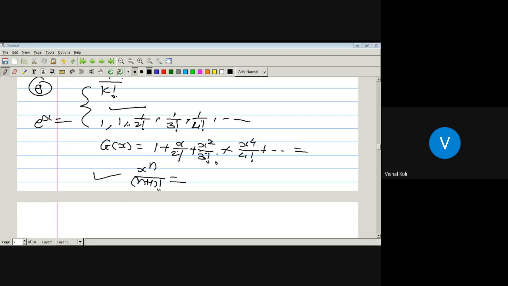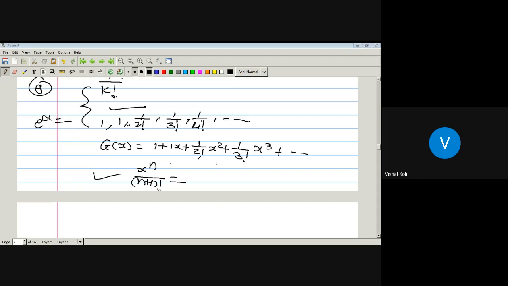Okay, but this one is not a generating function corresponding to our kth general term 1 upon k factorial. It is nothing but 1 comma 1 divided by 2 factorial comma 1 upon 3 factorial and so on. So it is nothing but 1 plus 1 into x plus 1 upon 2 factorial into x square plus 1 upon 3 factorial into x cube and so on.